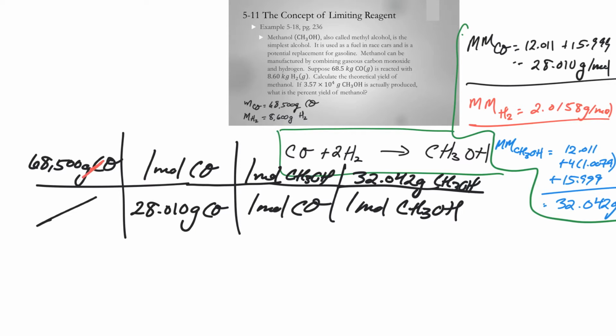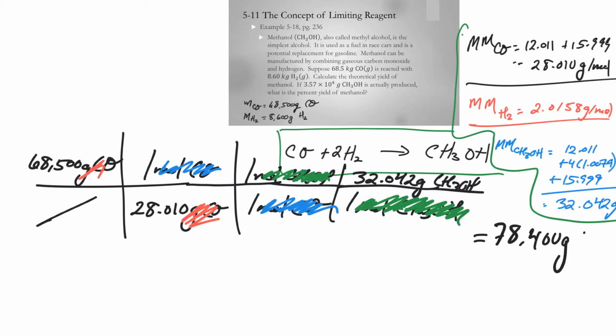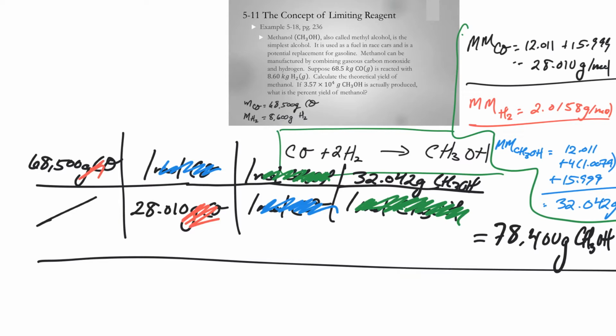Grams of CO cancel out, moles of CO cancel out, and moles of methanol cancel out, which means we get a mass of 78,400 grams of methanol, to 3 significant figures, if we're using carbon monoxide.